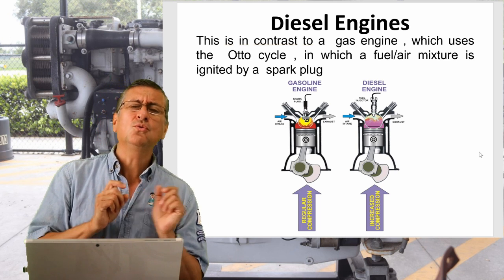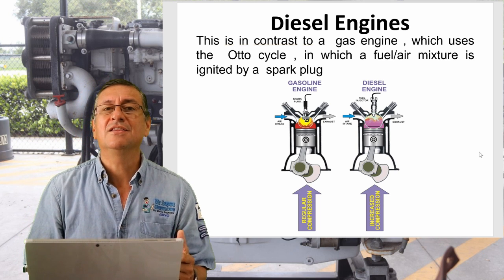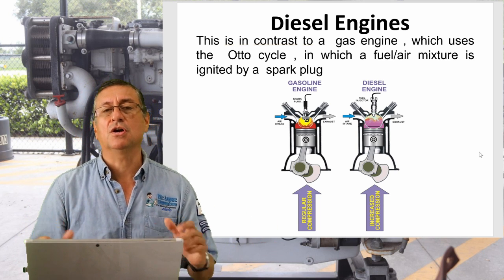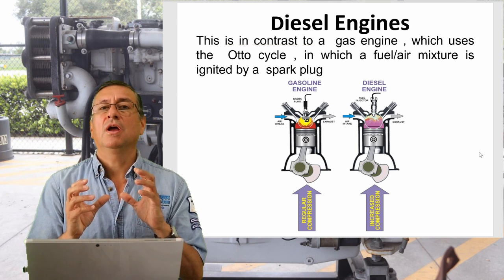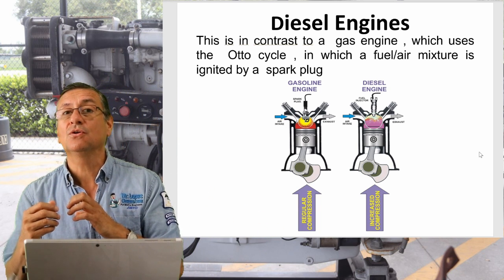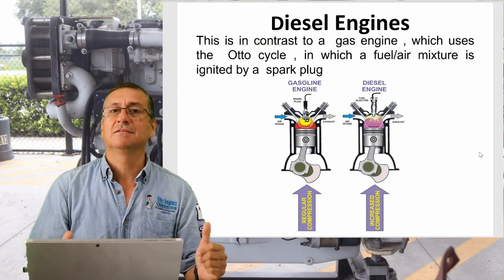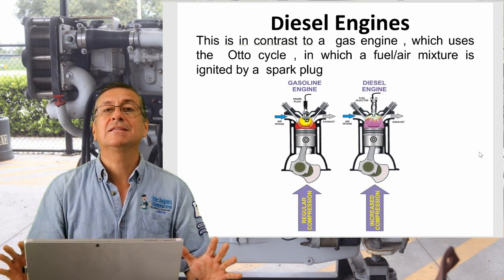Oh, my engine is 2 strokes. Oh, my engine is 4 strokes. I am going to explain the difference between 2 strokes and 4 strokes, and we are going to check a 2-stroke gasoline and 4-stroke gasoline, and 2-stroke diesel and 4-stroke diesel, both of those engines at the same time.